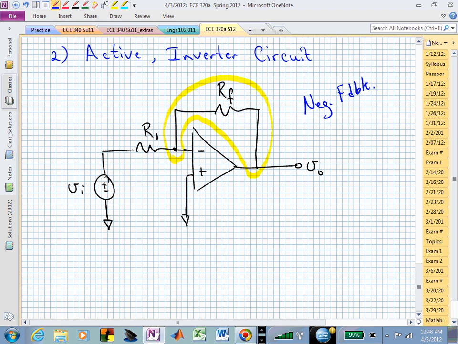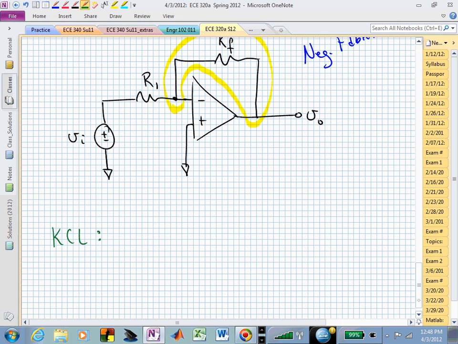If that's the case, let's now analyze this, or find the transfer function between the input voltage V sub I and the output voltage V sub 0, and KCL is a convenient way to do that. If I now label this node as V sub N, here is the V sub P that I was referring to.